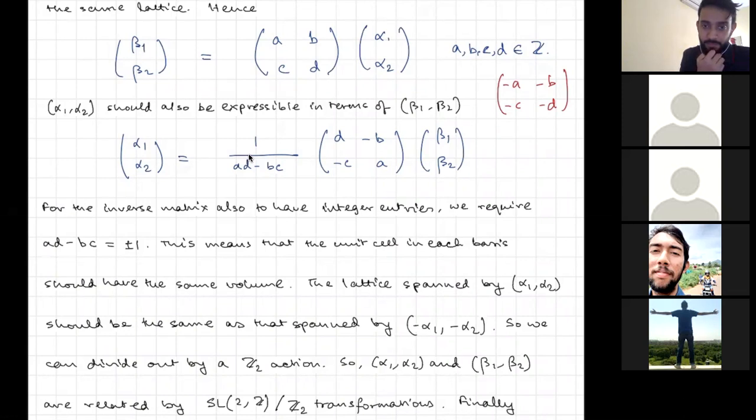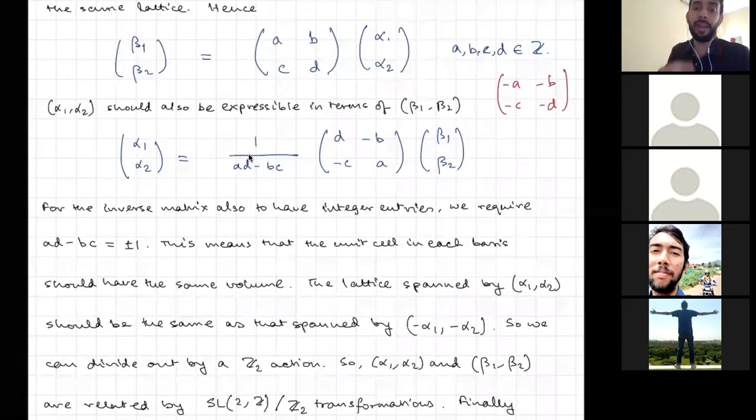Basically, tau is not changing. Yes, you're right, tau will not change. So the invariance group is not the full SL2Z but instead SL2Z modded by a Z2.